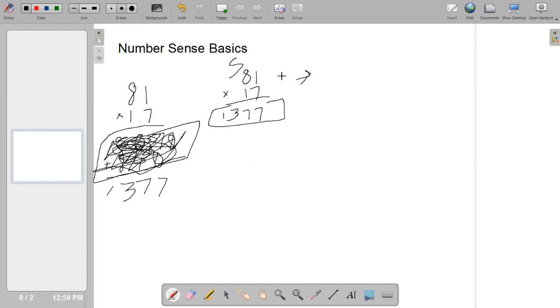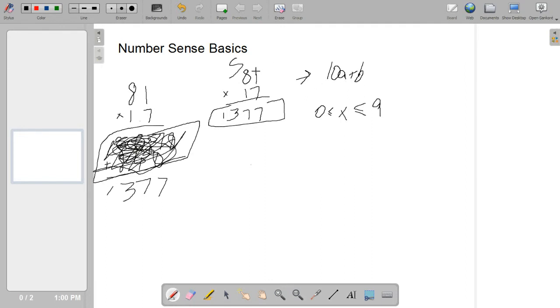These two-digit numbers are basically in the form, I'm going to write it in algebra notation, 10a plus b, where a and b are just integers between 0 and 9, so they can be 0, 1, 2, 3, 4, 5, 6, 7, 8, 9.